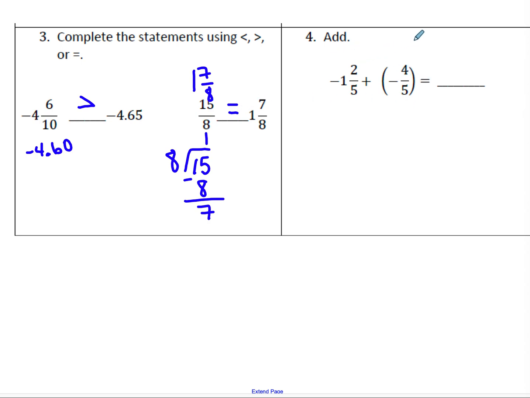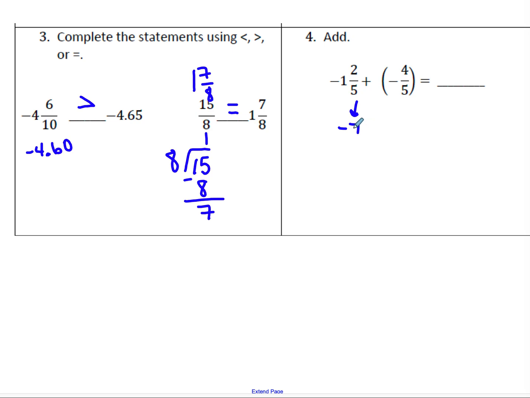All right, let's take a look at this next one. Add. I have same sign, so I'm going to find the sum. I have fractions, so I'm going to need a common denominator, which I already have. I can write them as mixed numbers, or I could do improper fractions. I think I'll do an improper fraction on this one. 5 times 1 is 5, plus 2 is 7.